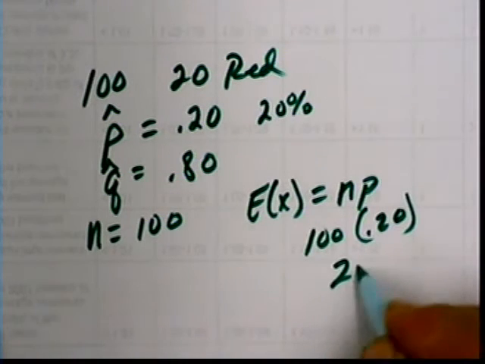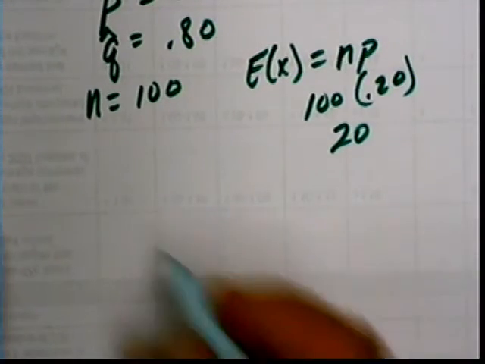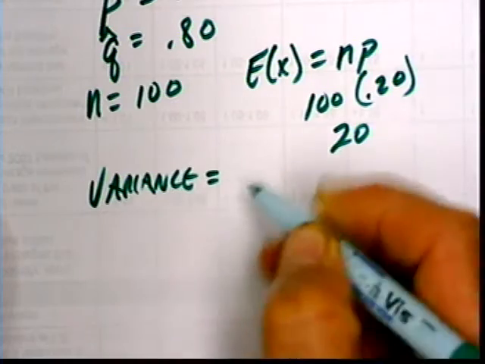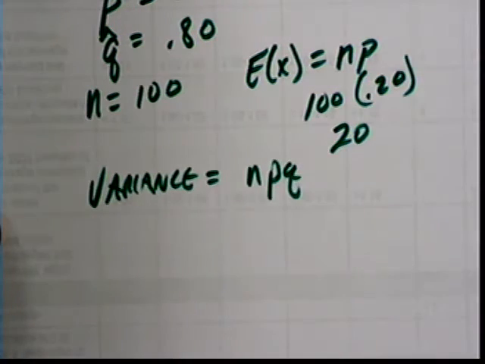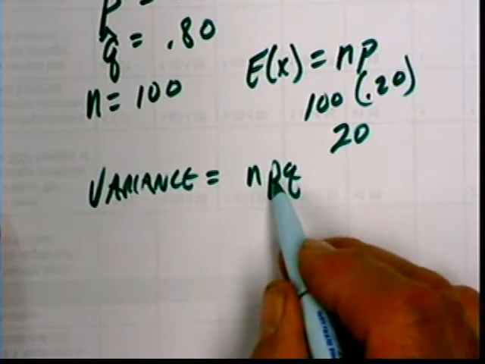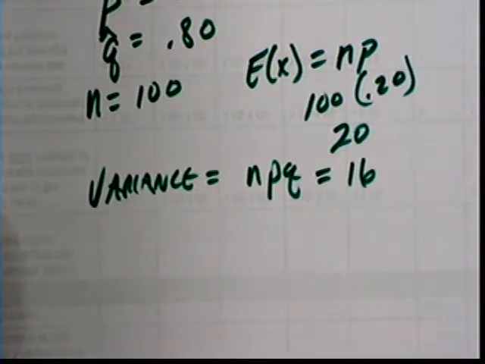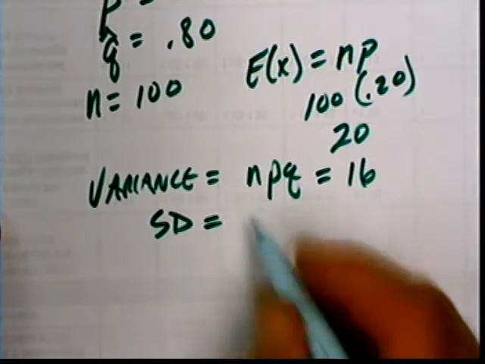So that's going to be 20, the expected number that you're going to get. And then let's calculate the variance. We know that is going to be NPQ, so it's going to be 100 times 0.2 times 0.8, which gives us 16. And from that, the standard deviation is going to be 4.